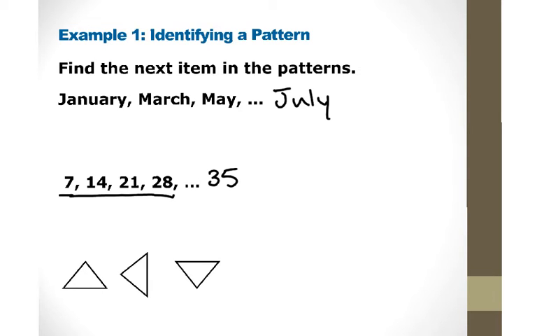If you notice something here, our triangle is rotating counterclockwise, and as it rotates, it's pointing up, pointing to the left, down. So the next one in the pattern is a triangle that's pointing to the right. So that's identifying patterns. Let's look at something else.